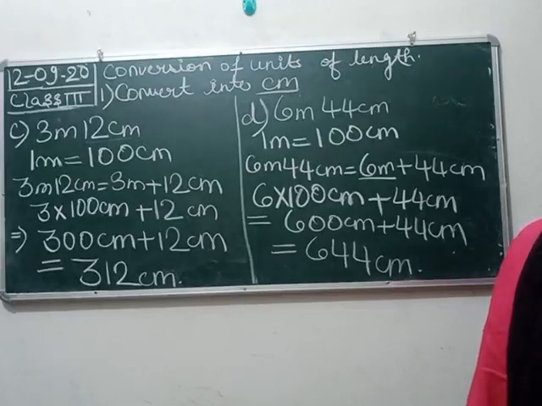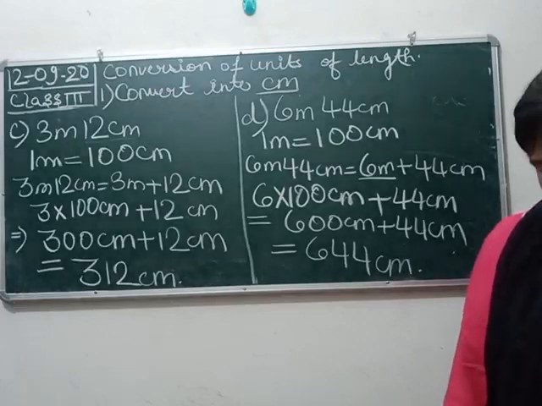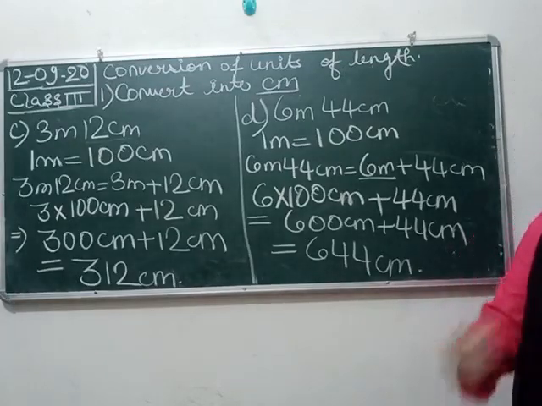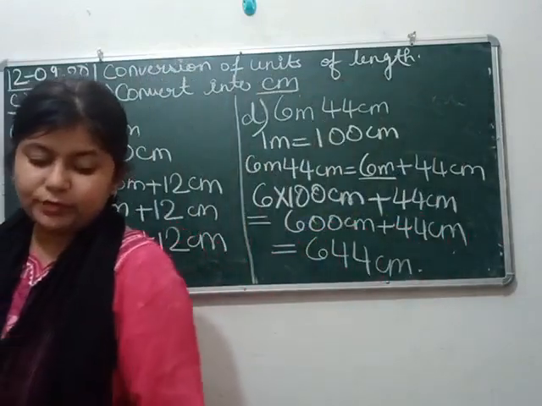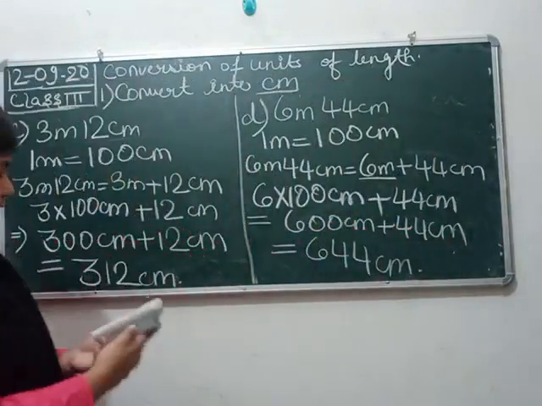Okay, now let us move toward the next question. So here we have done conversion of meter and centimeter. Now the next question that we are going to do will be based on conversion of kilometer and meter.